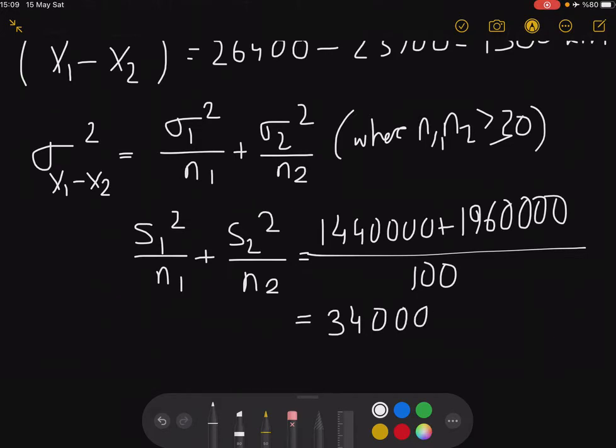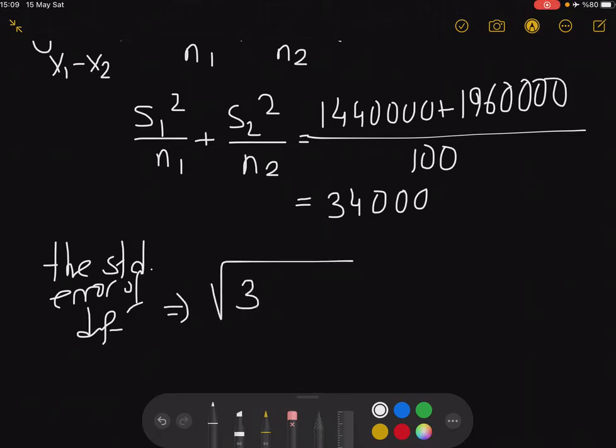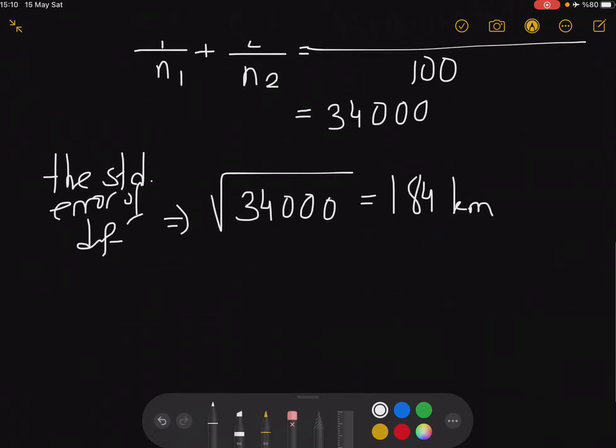So this is your variance, and the standard error of the difference is the square root of this value. Take the square root, and the result would be 184 kilometers. This is your standard error of difference.